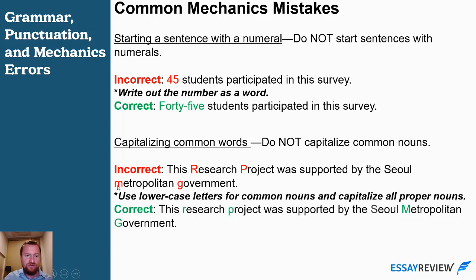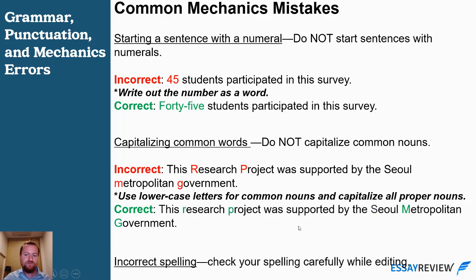So instead of capitalizing this and putting Metropolitan Government in lowercase, it should be the opposite. This research project, lowercase, was supported by Seoul Metropolitan Government. Why are these capitalized? Because it's a specific government. It's the name of the government. If you said Metropolitan Government of Seoul, or the Metropolitan Government belonging to Seoul, then that wouldn't be the official name, so it would not have to be capitalized.